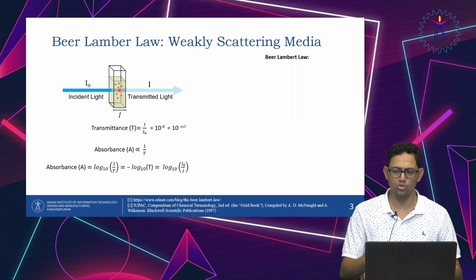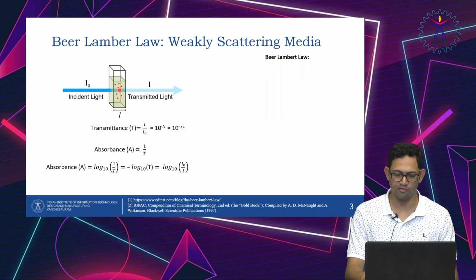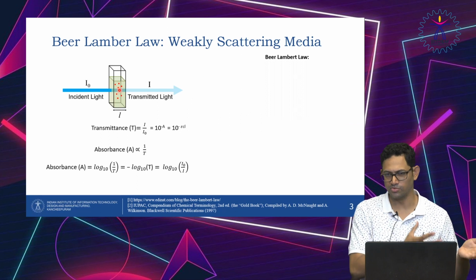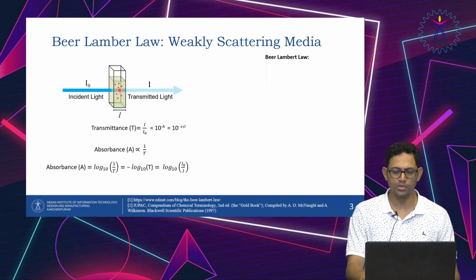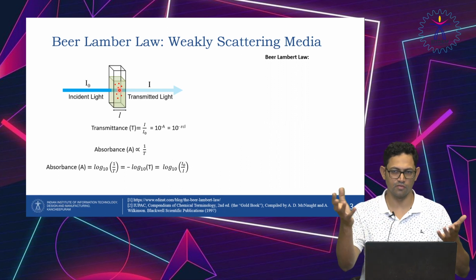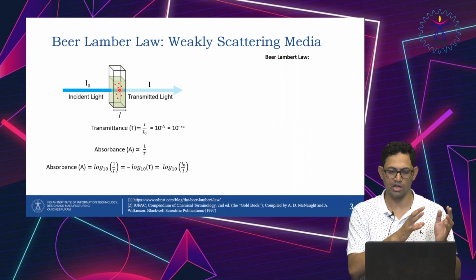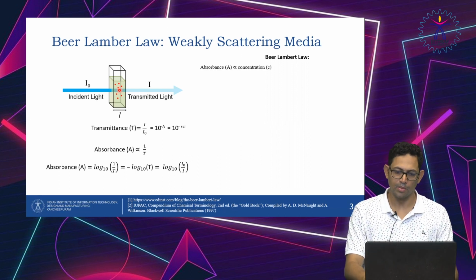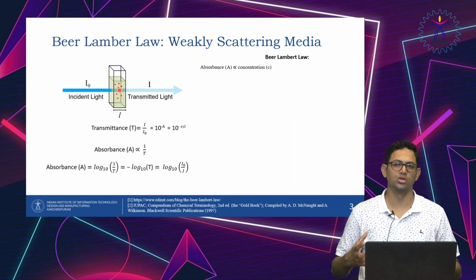To quantify this, we have something known as the Beer-Lambert law, which is very similar to the absorption that you have found. Absorption is a logarithm of the inverse of your transmittance. Absorption is also directly proportional to the concentration.